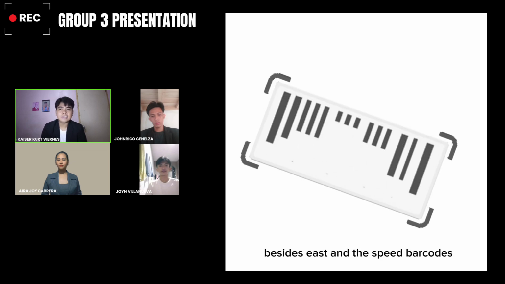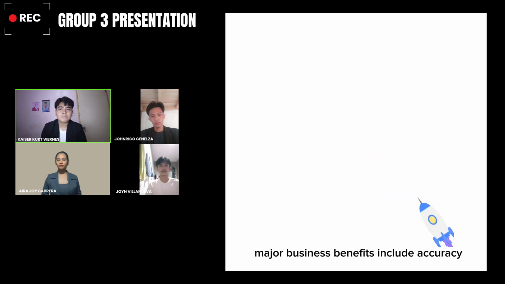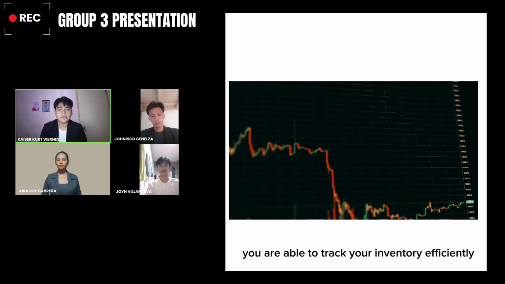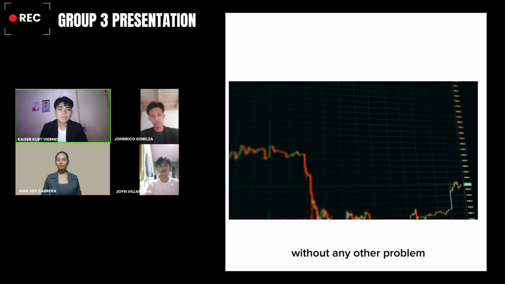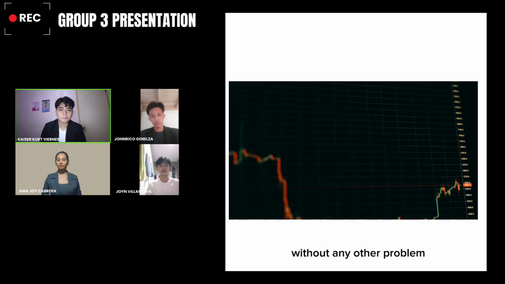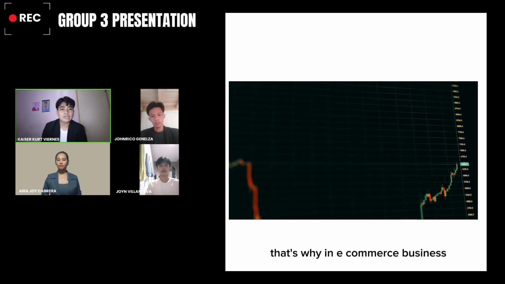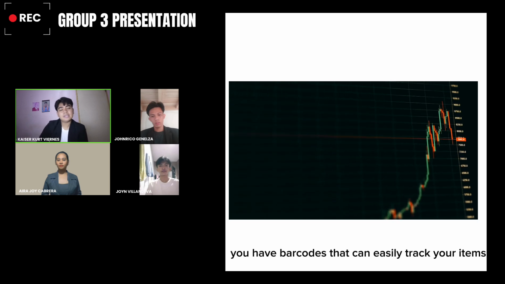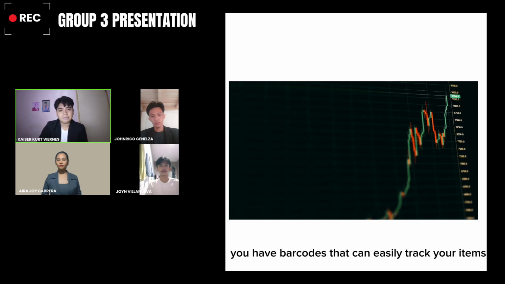Besides ease and speed, barcodes' major business benefits include accuracy, inventory control, and cost savings. Now, through barcodes, you are able to track your inventory efficiently without any problem. That's why in e-commerce business, you have barcodes that can easily track your items.